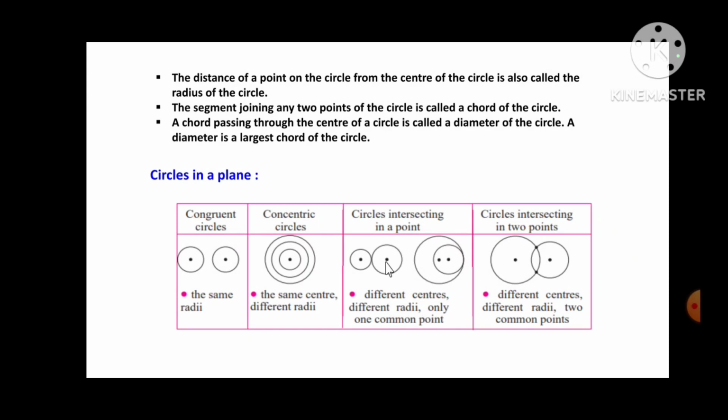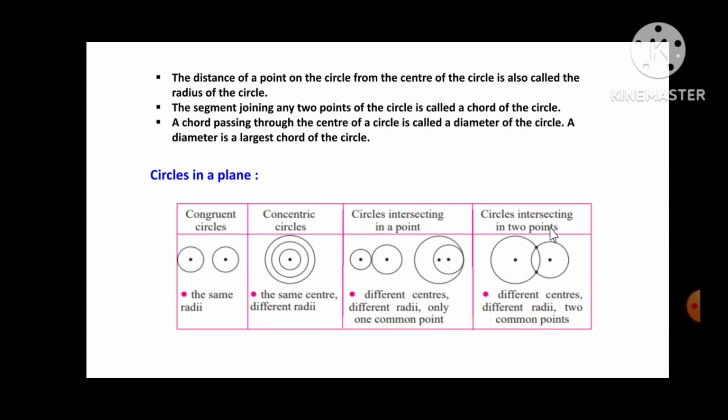These are called externally intersecting, and these are internally intersecting, because the two circles have only one common point.